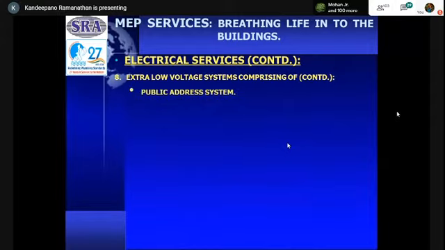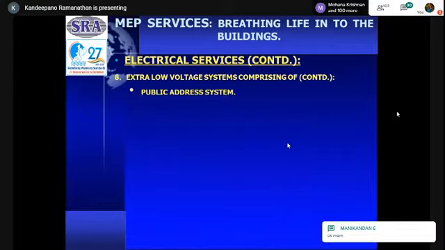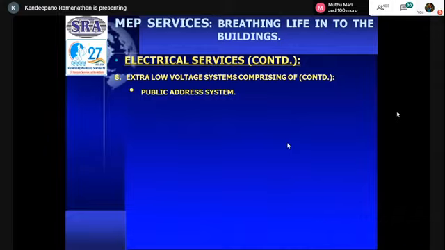This is for addressing the people to do certain things in case of emergency. This is there in normal PA systems, as well as token systems in banks. Token number so and so will be addressed, like your token numbers in passport offices. This is a PA system.